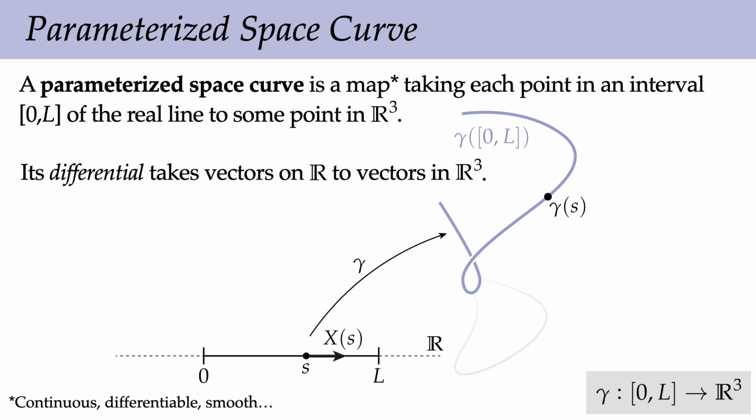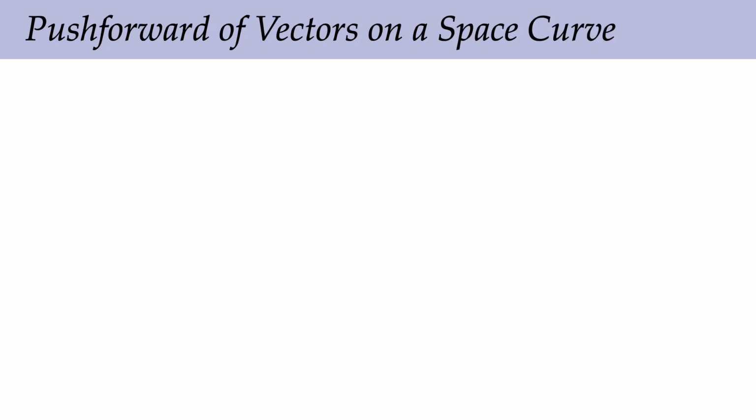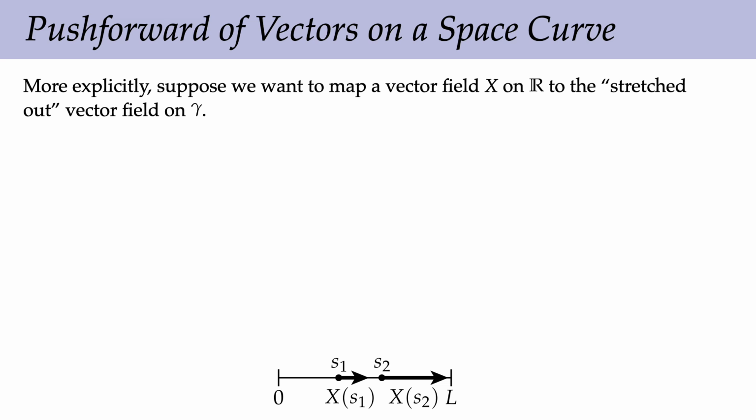So if I have this vector X of s, then d gamma of X of s is this tangent vector sticking out of the point gamma of s. And the differential is again telling us how that vector got stretched out as we went from the interval into space. Okay. More explicitly, let's say we want to map a vector field or just a vector X on R to the stretched out vector in space. How would we do that?